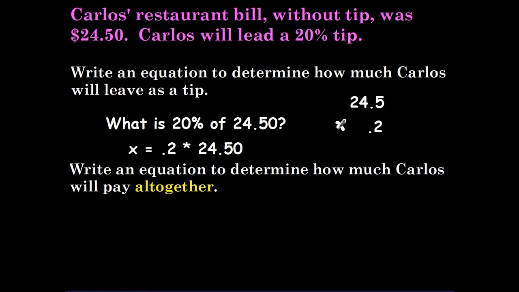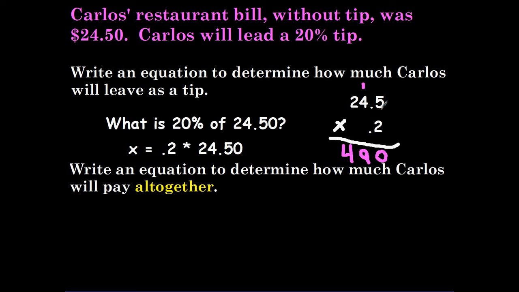I had to think a moment, make sure I said it the right way, because sometimes you want to say 0.2, but we want to make sure we're saying it as 2/10. All right. Yes, I know that was a little bit of a crooked line, but anyway, 2 times 5, work this out with me, is 10, carry my 1. 2 times 4 is 8, plus 1 is 9. 2 times 2 is 4.